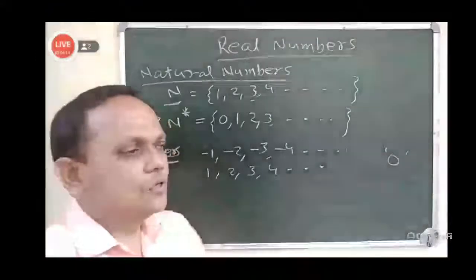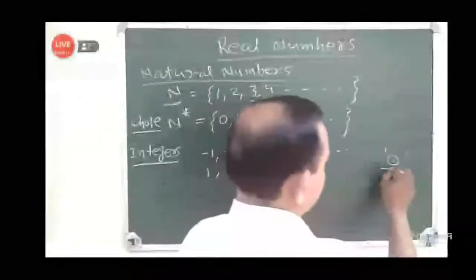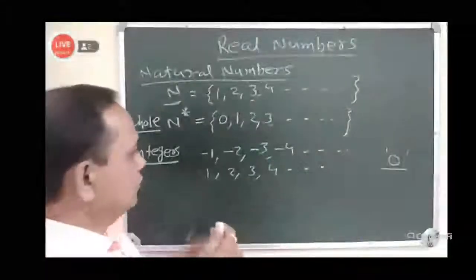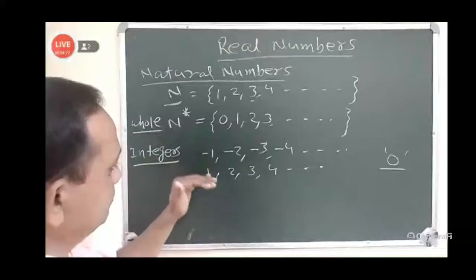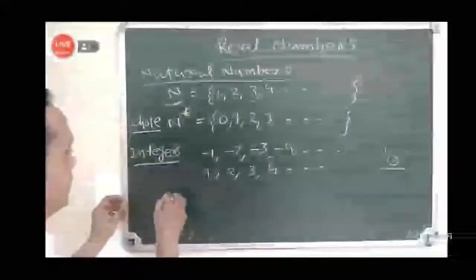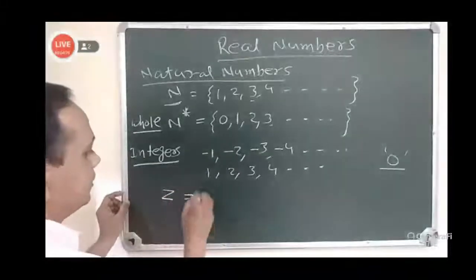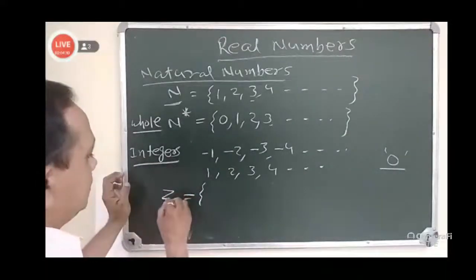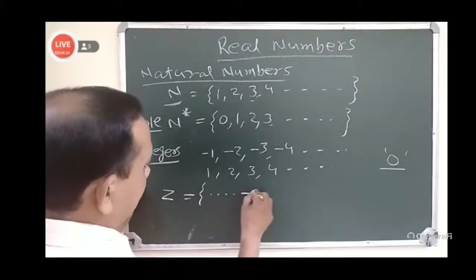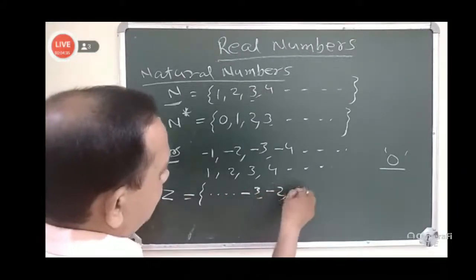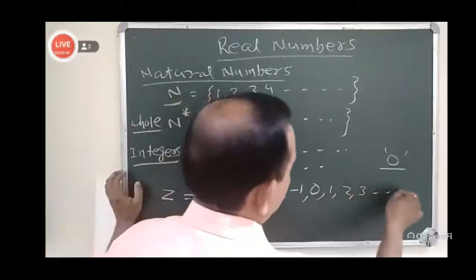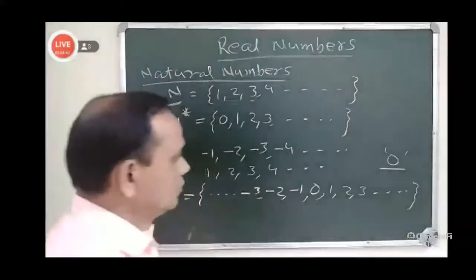That is 0. The negative integers, positive integers and 0 combinedly are called integers, or Z: so on, minus 3, minus 2, minus 1, 0, 1, 2, 3 and so on.